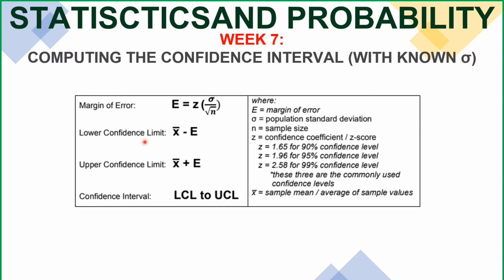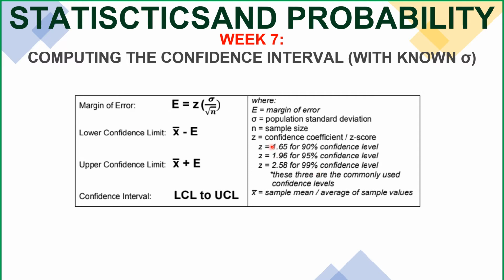So, lower confidence limit, you subtract the sample mean or the average of sample values by margin of error. Upper confidence limit, you just add the sample mean and the margin of error. Confidence interval, para makuha natin yung confidence interval, get the lower confidence limit to upper confidence limit.